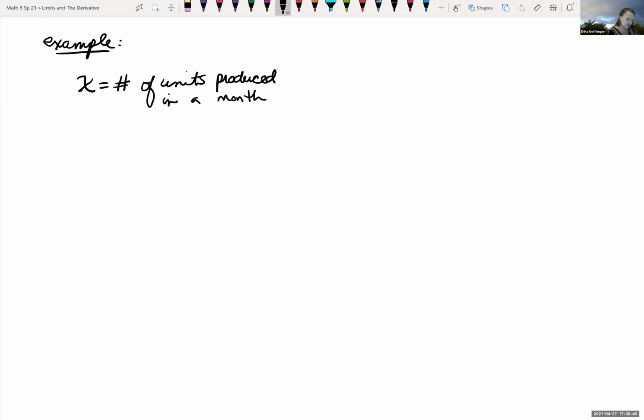And that cost function, C, is equal to 0.2x squared plus 10,000.